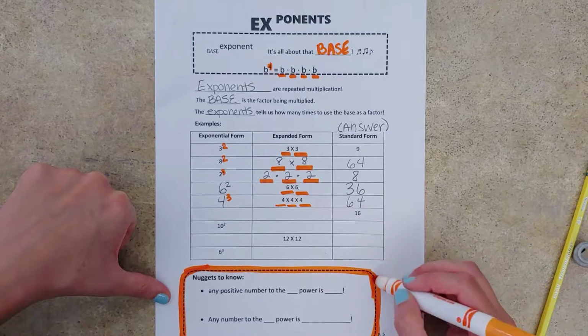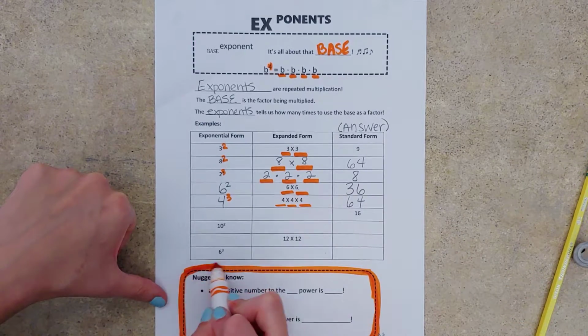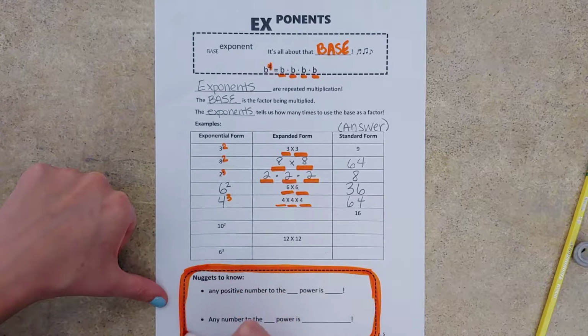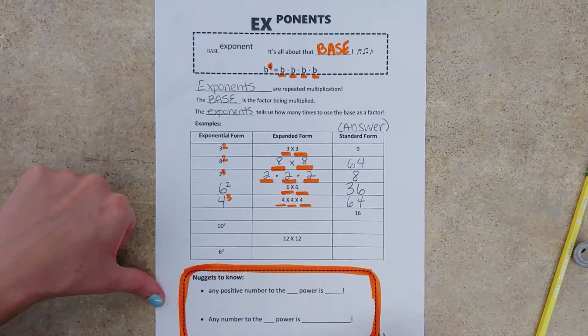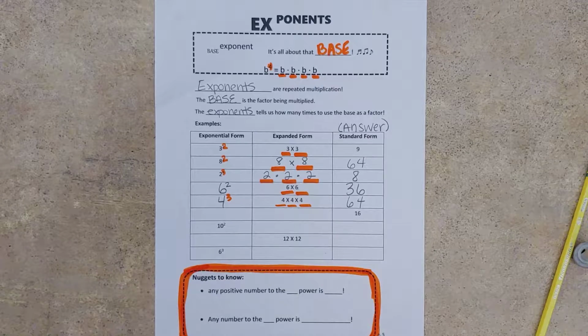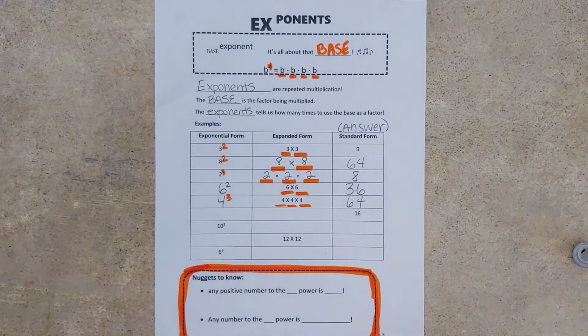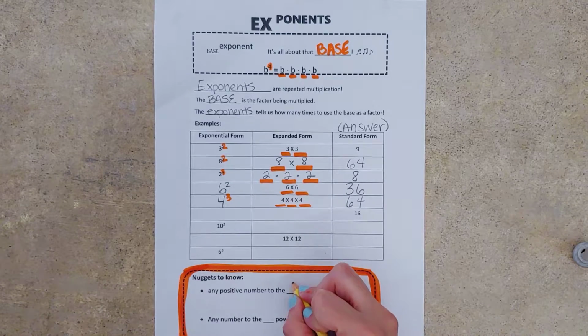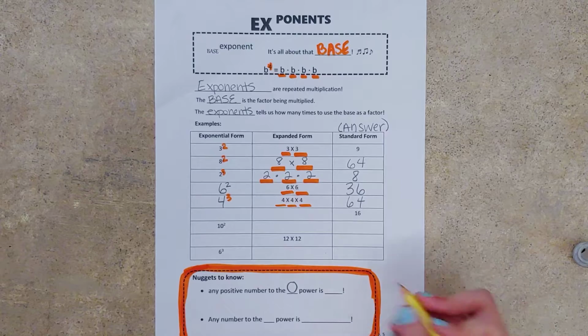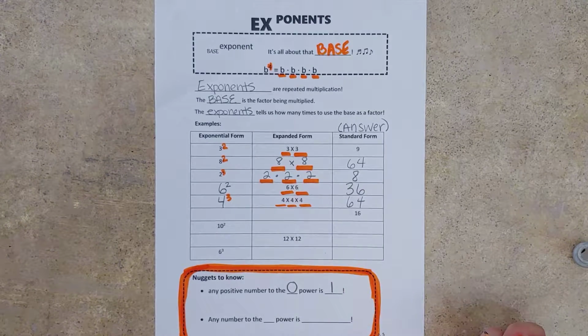Now, I'm just going to tell you the answers to these because I am going to instead challenge you to do a little research as to why the answers are what they are. For example, any positive number to the 0 power is always 1.